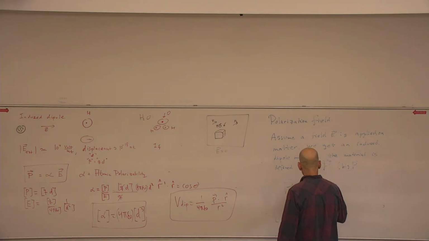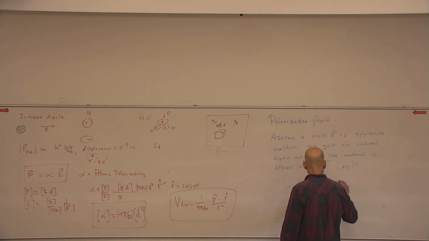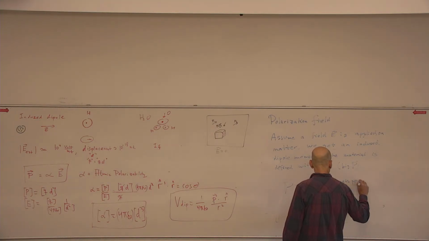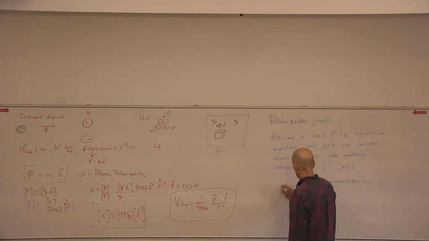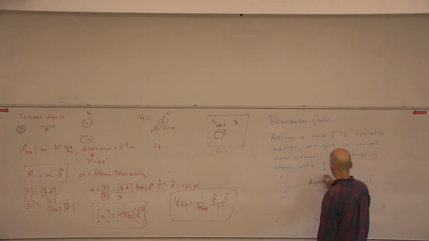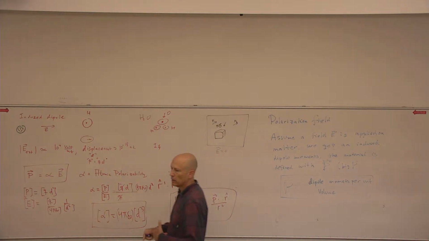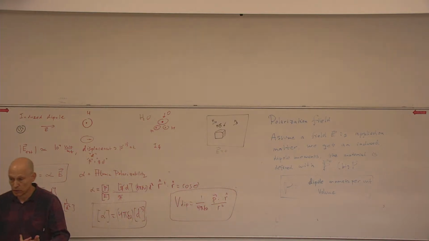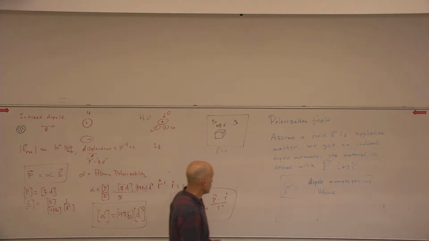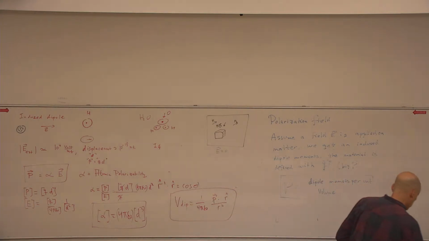So these are the dipole moments per unit volume. The sum of the dipole moments per unit volume. So this is like a charge density, but it's not a charge density, it's a dipole density. So what does it mean? Let us define it a little bit.